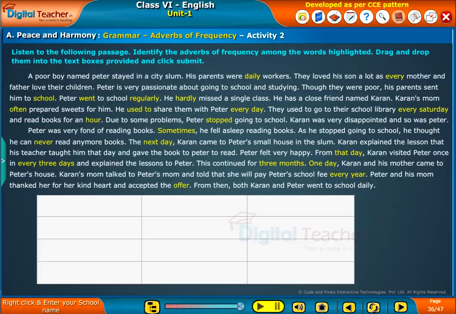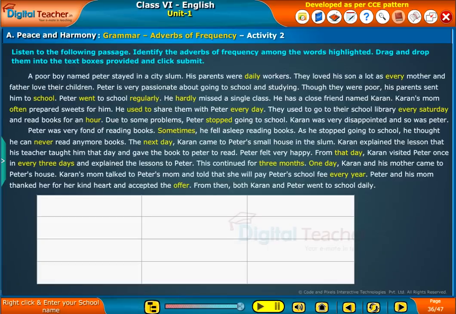Due to some problems, Peter stopped going to school. Karan was very disappointed, and so was Peter. Peter was very fond of reading books. Sometimes he fell asleep reading books. As he stopped going to school, he thought he can never read any more books.